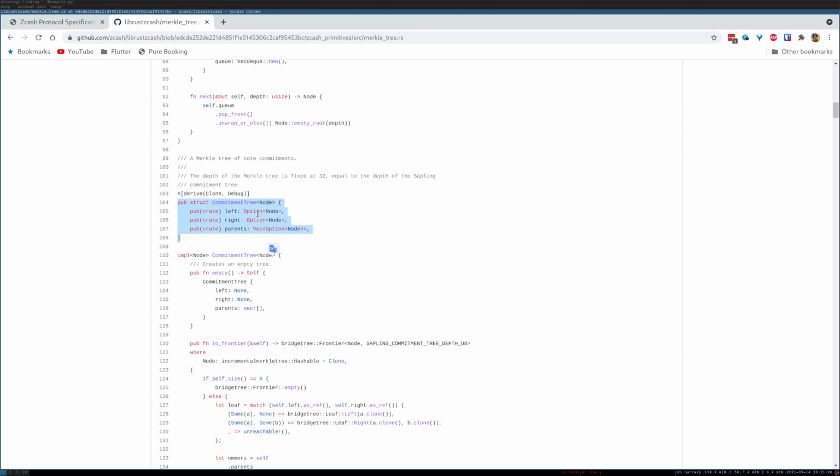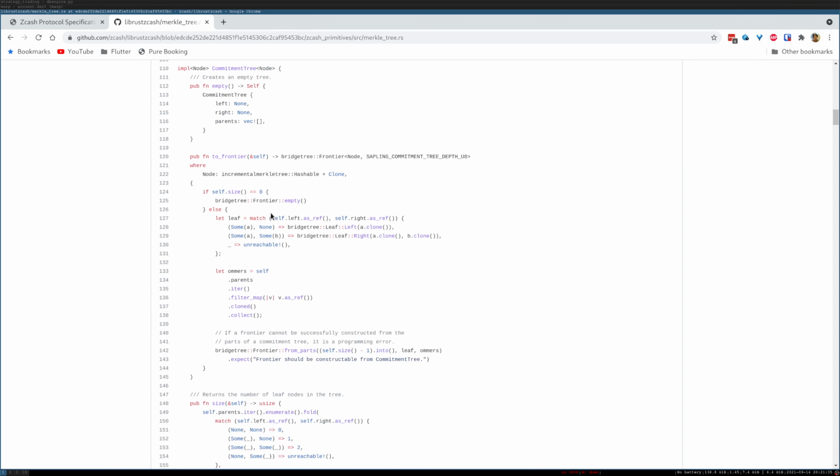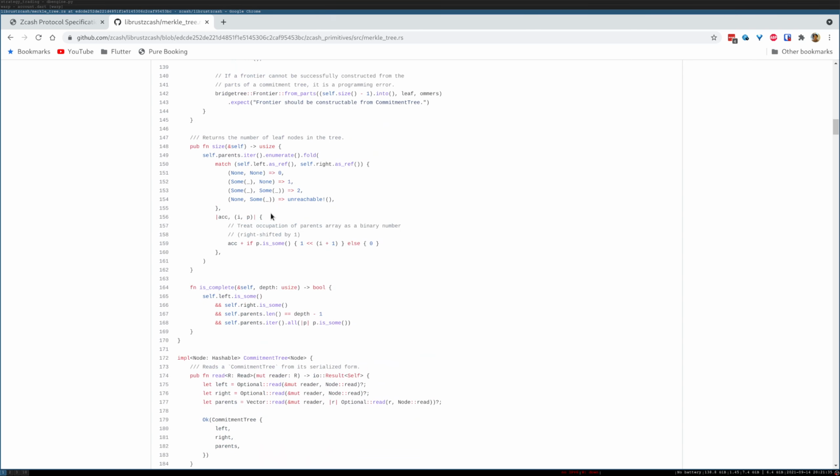And you can notice two things, right? First of all, and this is purely a technicality, the node that you have here is an abstract type. It's anything that can be hashed together. So we implement node as something that is hashable.